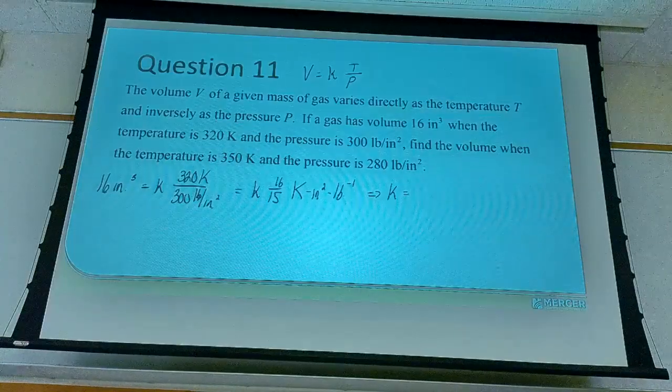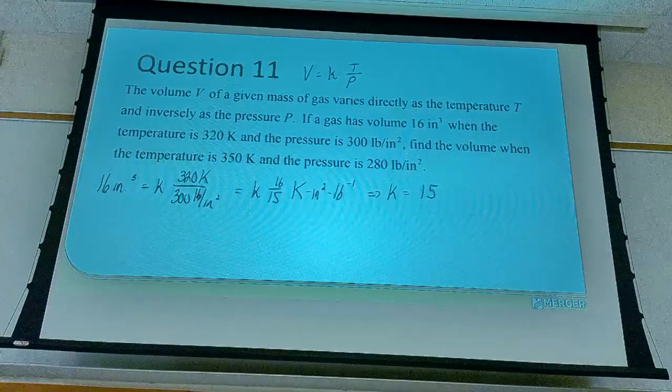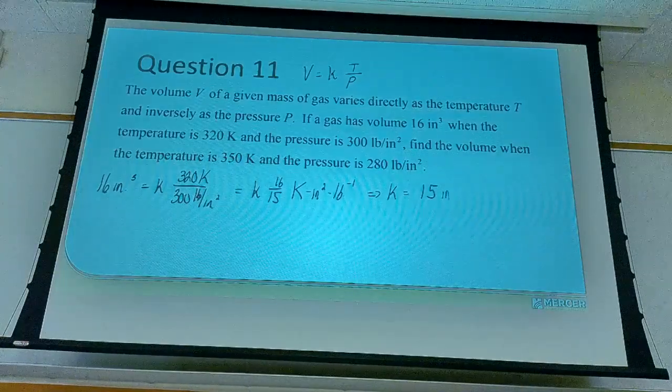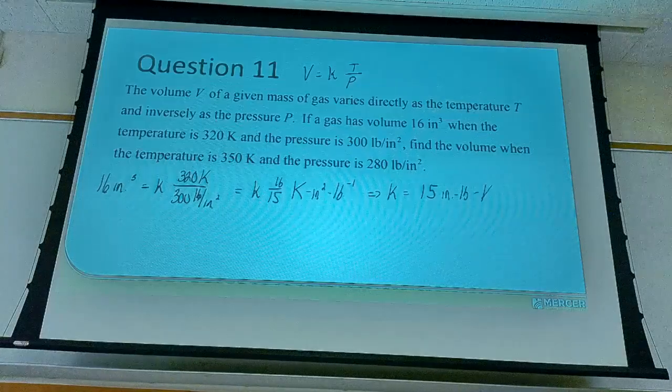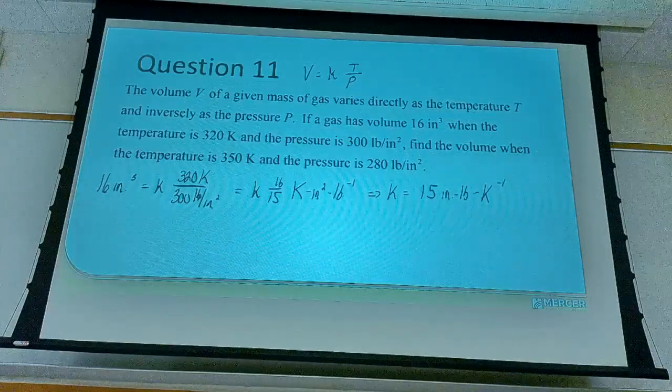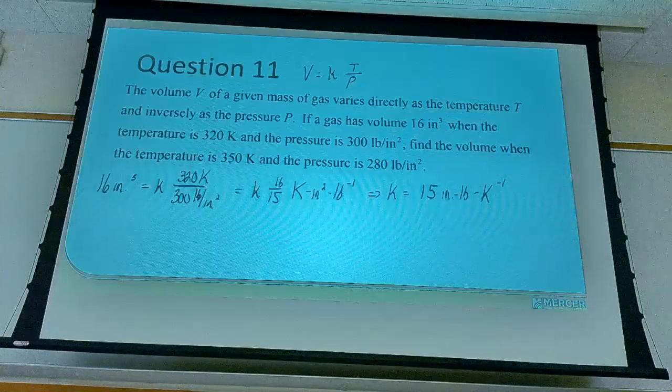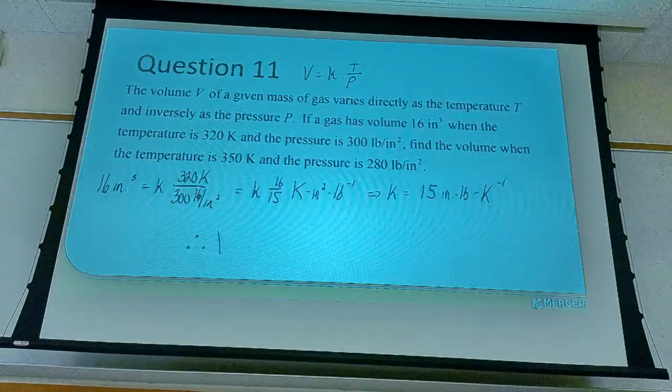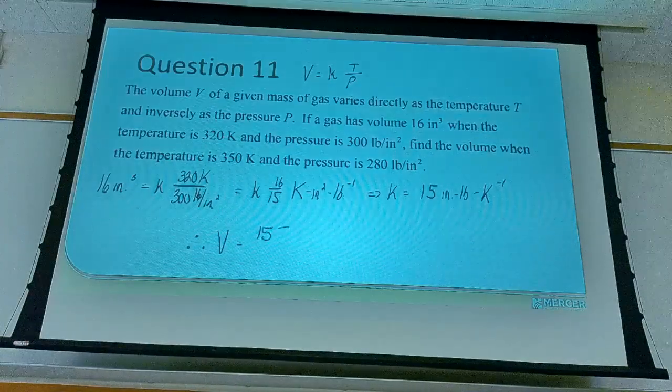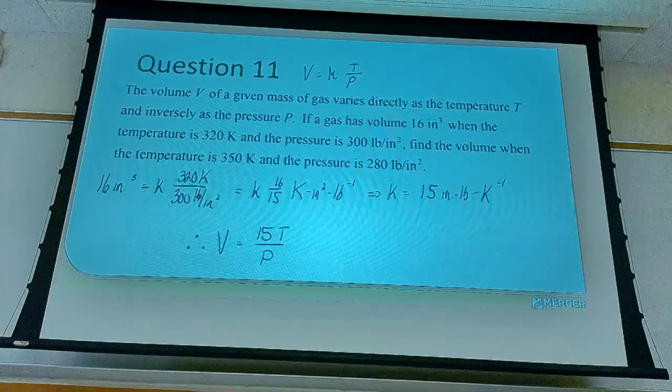It's 16 times 15 sixteenths, which is just 15. Inch pound inverse Kelvin. That would be the volume for this specific gas.